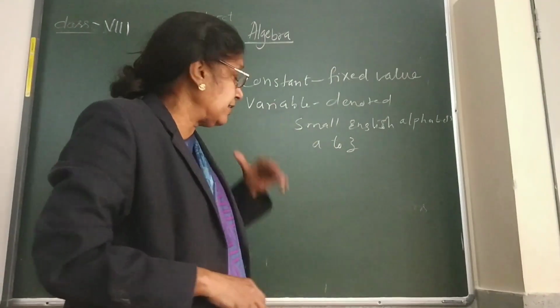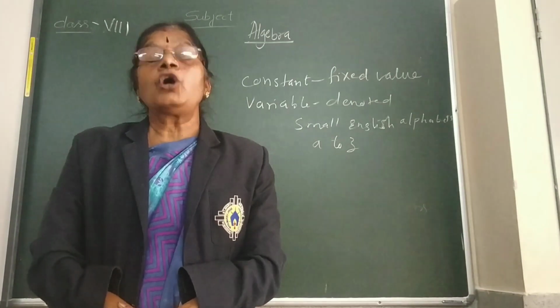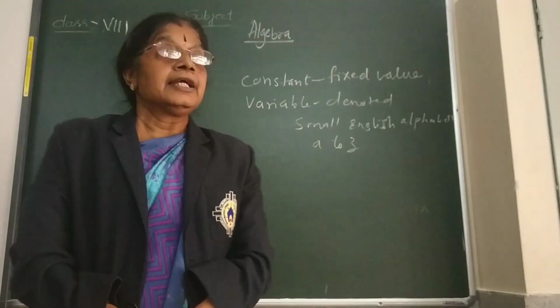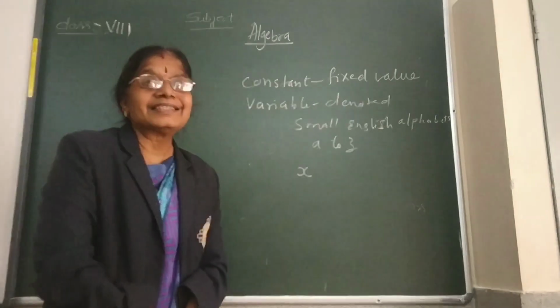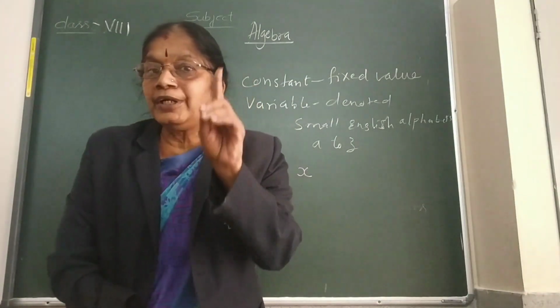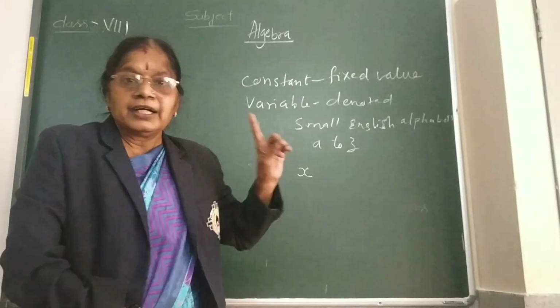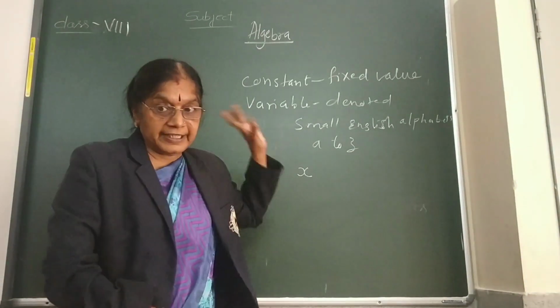For example, how many stars are there in the sky? I can say there are x number of stars, because it does not have a fixed value. Such a quantity is called a variable.